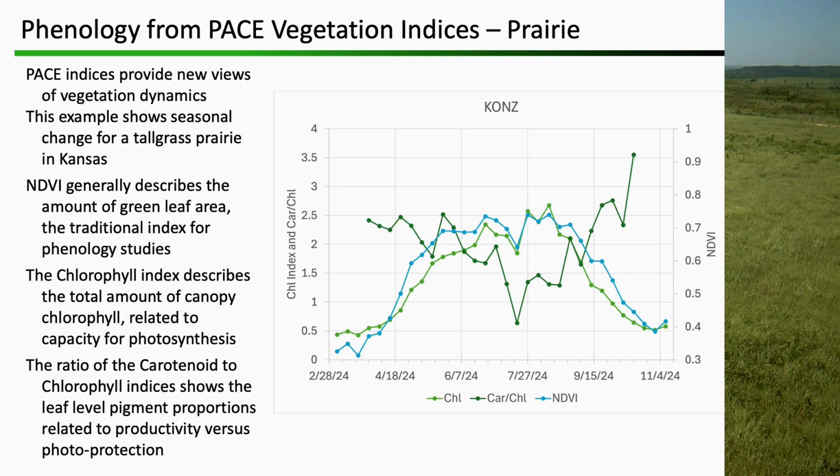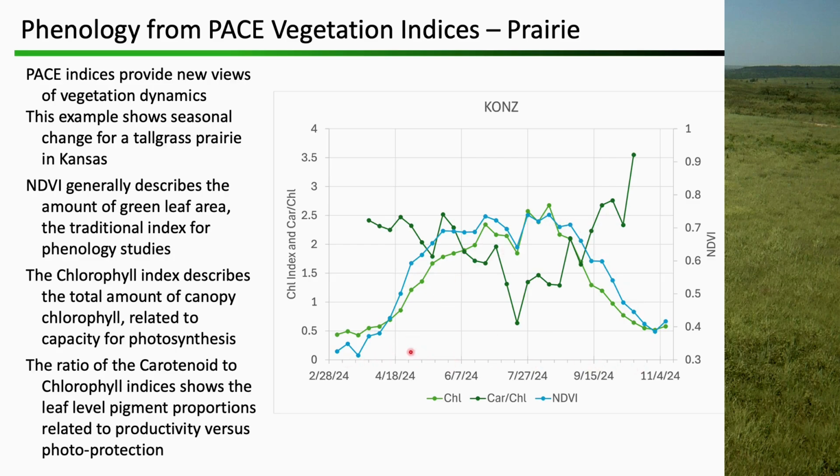So we can use these indices and look at them over time to see the dynamics of vegetation, the phenology of vegetation. Traditionally, satellite-based phenology studies have used NDVI to look at the change in green vegetation amount, and at things like the timing of green up and the timing of senescence.